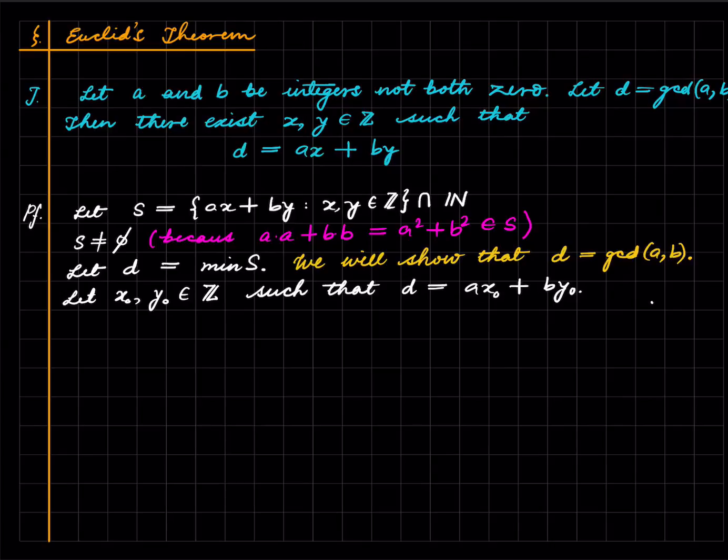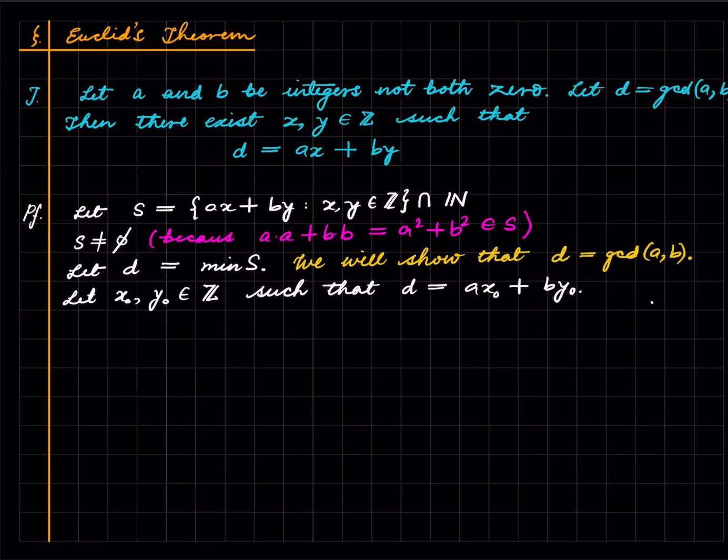Okay, and now we want to show that d divides a and d divides b. At the very least we need to show that, because if d is supposed to be the GCD of a and b, then it better divide both a and b. So our first aim would be to show that d divides a and d divides b.